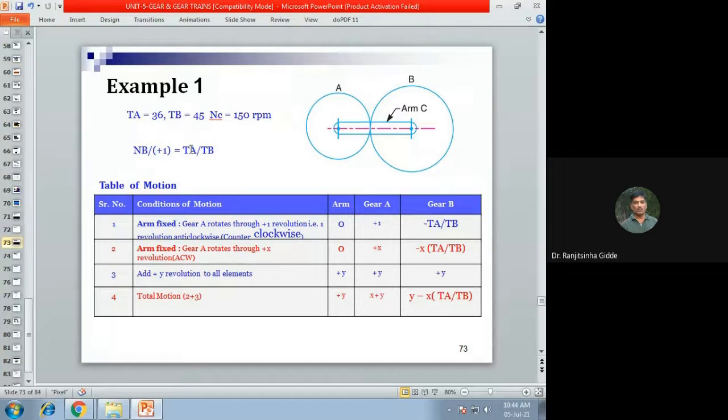So plus 1 cross multiplication, it will come on the right hand side. Again we are going to get the value for NB is equal to TA upon TB. So A is rotating in anti-clockwise direction, B will rotate in clockwise direction. So therefore for this value we are going to add the minus sign in the table. Not here, here directly. So this value we are going to take, and here we are going to put that value along with the minus sign. Okay. First row is over.